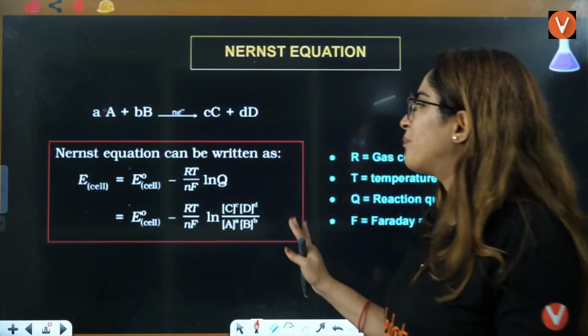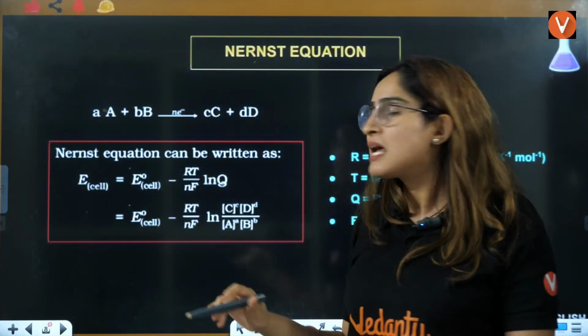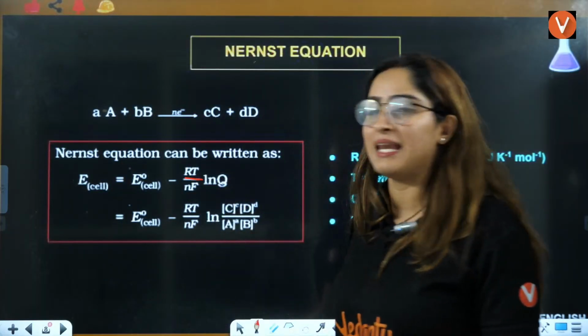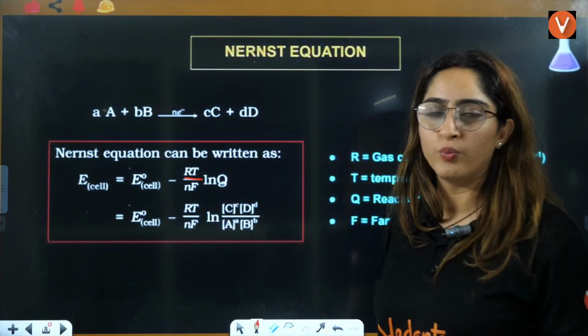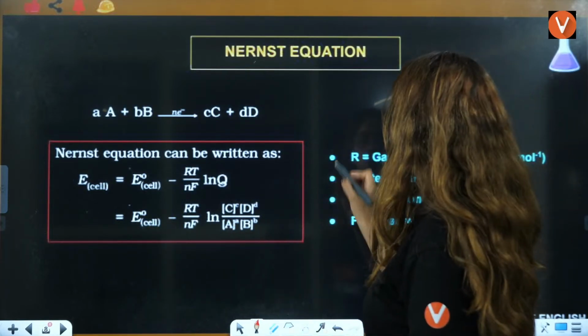So theory is simple. This is the formula: E cell is equal to E naught cell, that is the standard condition, minus RT by nF times ln Q. Q is the reaction quotient. What is the reaction quotient?